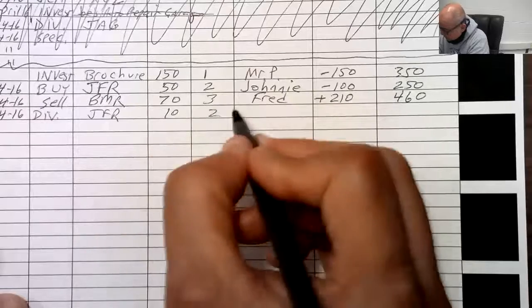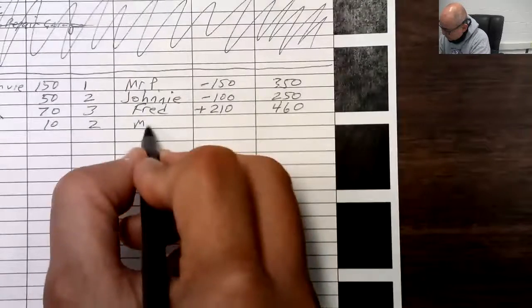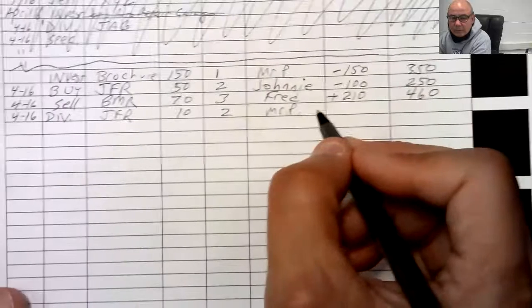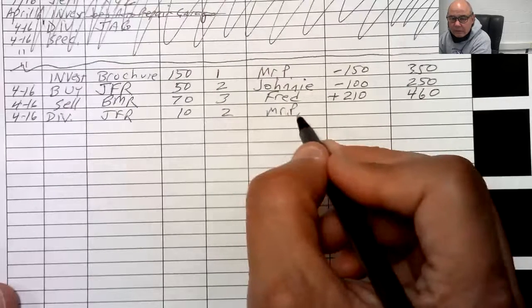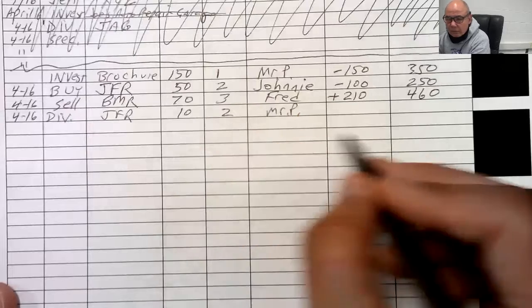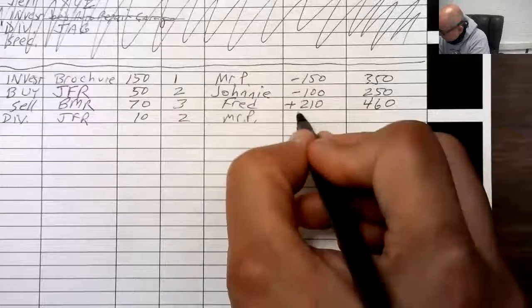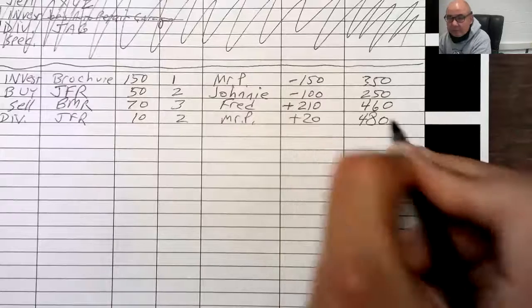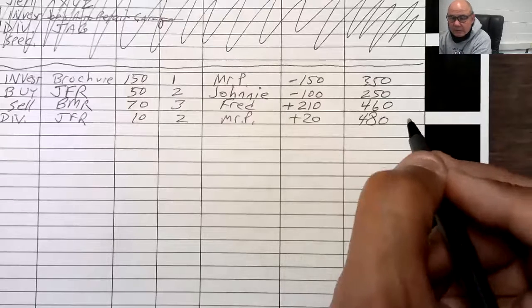I have 2 shares, and this is again with Mr. P. Dividends are not going to come from the owner of the company. It's going to come from me. And you're going to get 2 $10 dividends. That's going to total plus 20. We're going to add that to 460, and we now have $480 as my running balance.